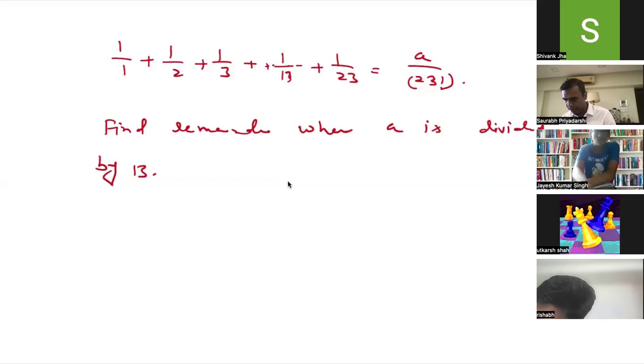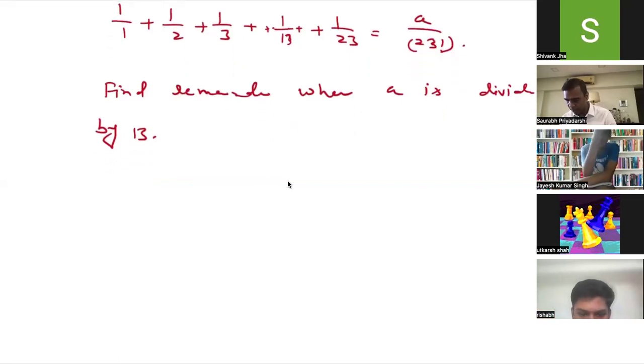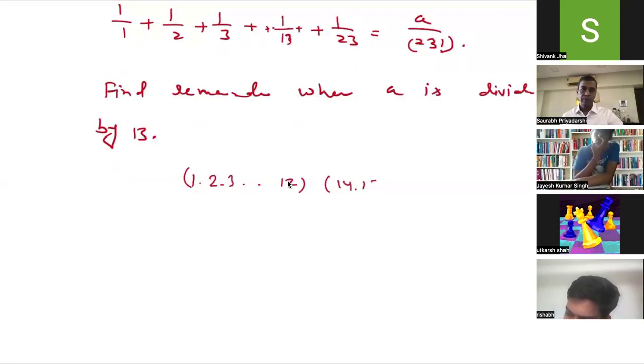So it was a continuous summation. When you are multiplying this, you are getting 1 into 2 into 3 up to 12, into 14 into 15 into 16 up to 23. Right?